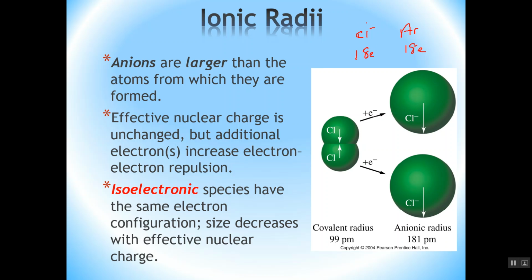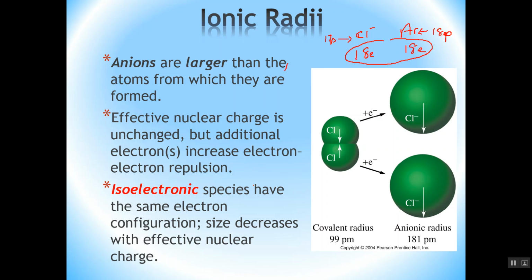But the difference between them is that the chloride ion will have 17 protons, while the argon atom will have 18 protons. They have the same number of electrons, so we say that the chloride ion and the argon atom are isoelectronic.